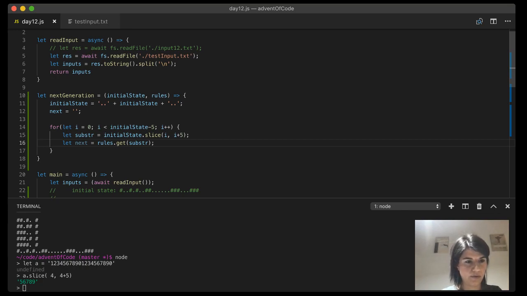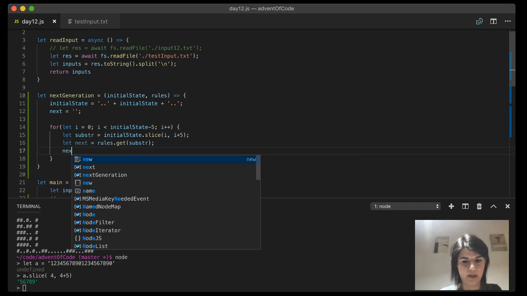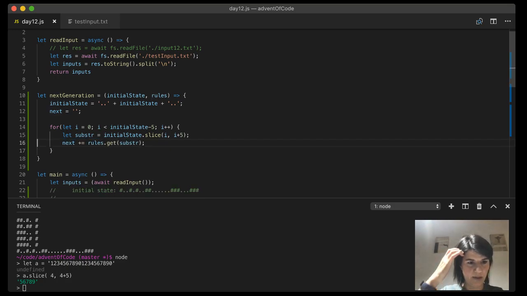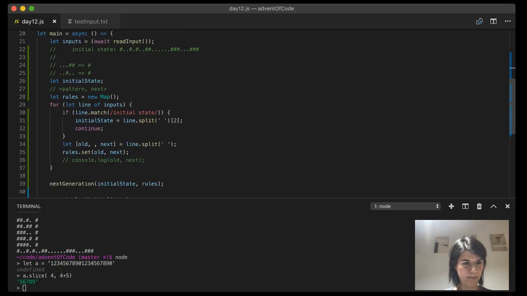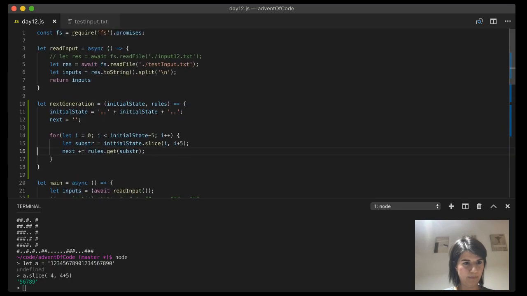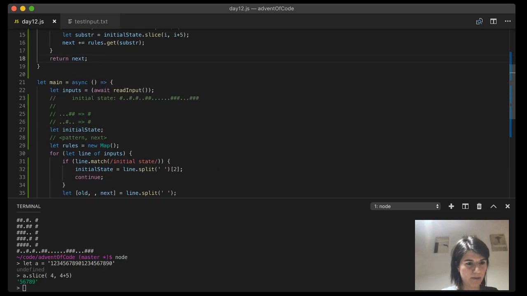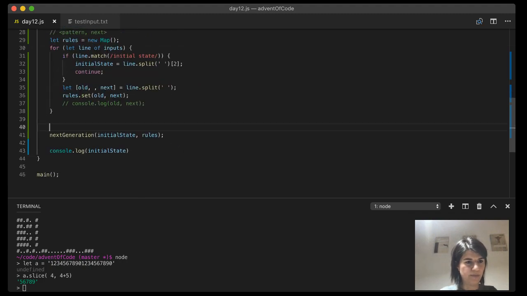And now we want to do next plus equals this here. Okay, so now we have to remember that we're going 2 to the left every time. So we have an initial state and the rules, and we want to return next, and I need to do some processing on this.